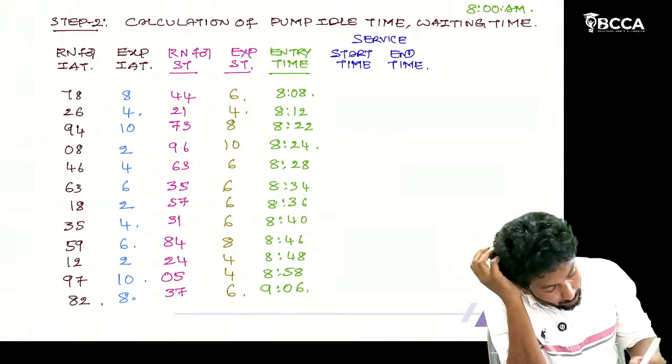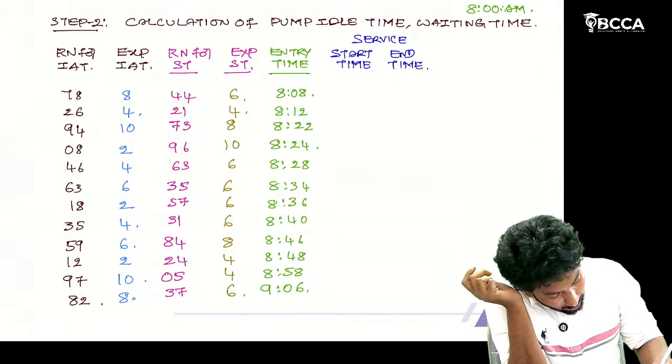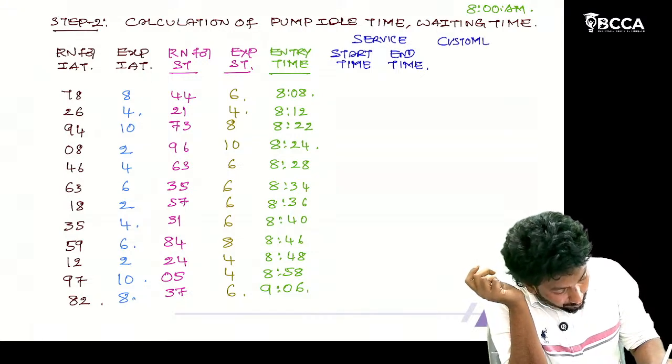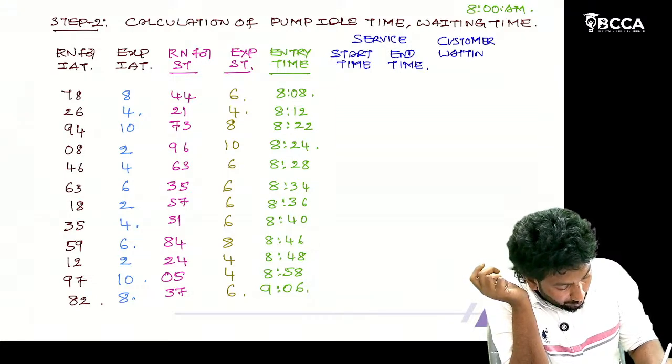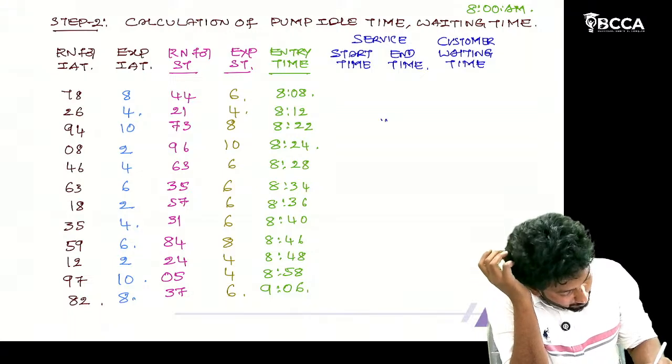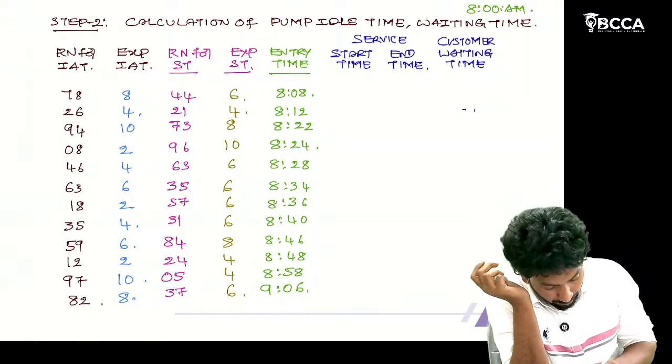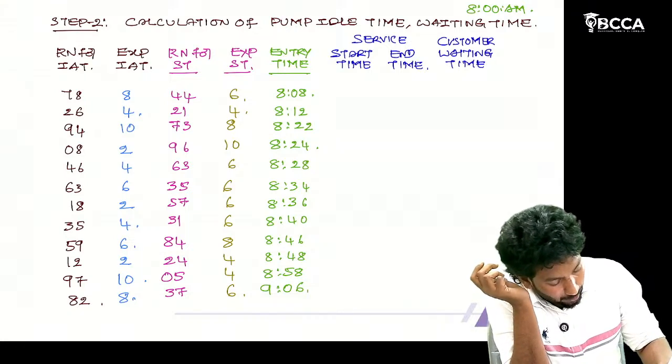For that, let us take two columns: customer waiting time and pump idle time.